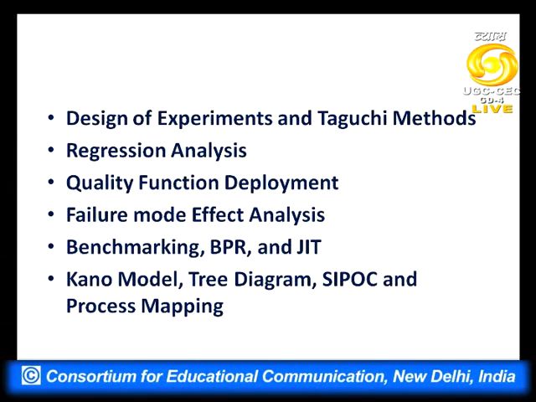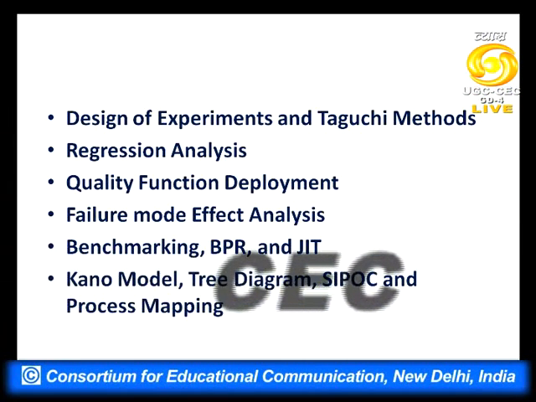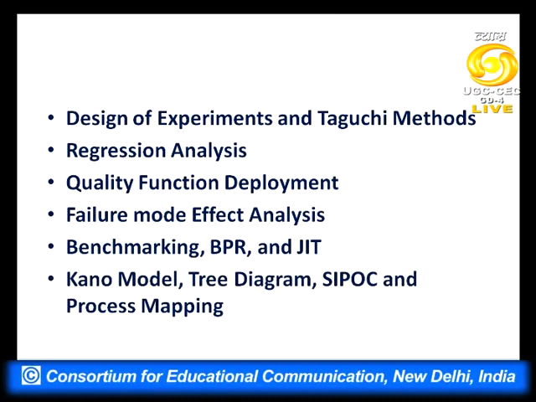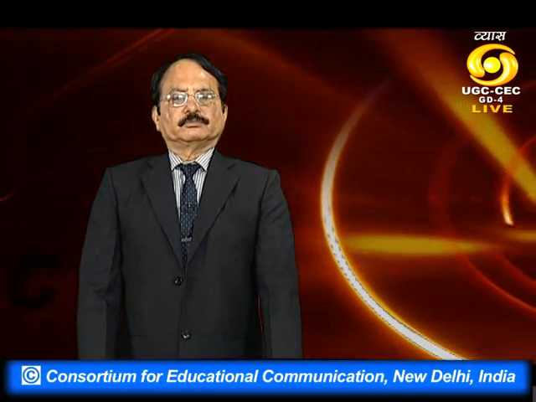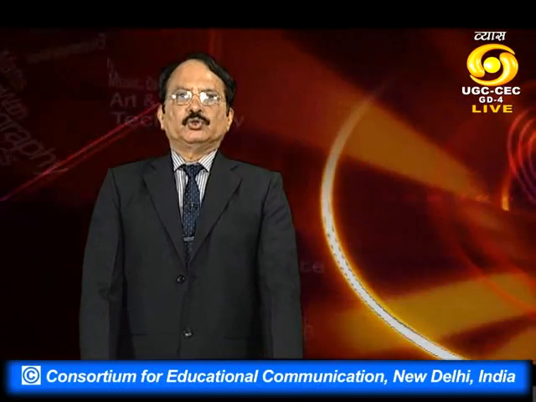Regression analysis, quality function deployment, failure mode effect analysis, benchmarking, BPR and JIT, Kano model, tree diagram, CPOC and process mapping, and then DMAIC. These are some of the tools available under Six Sigma, and we shall be discussing now only Q7 tools, which are also called QC7 tools.